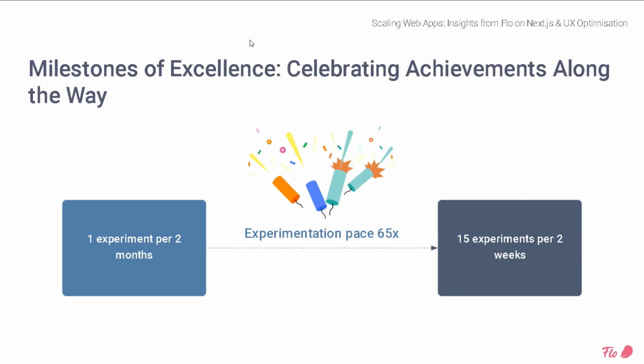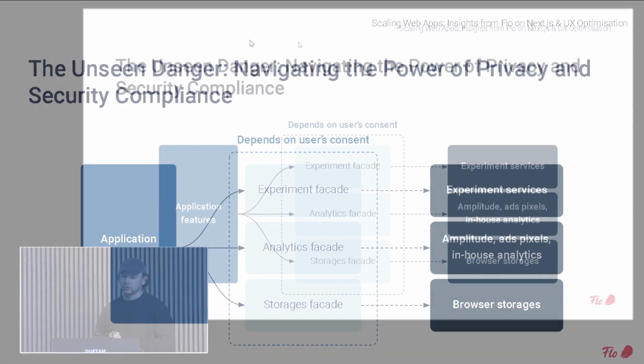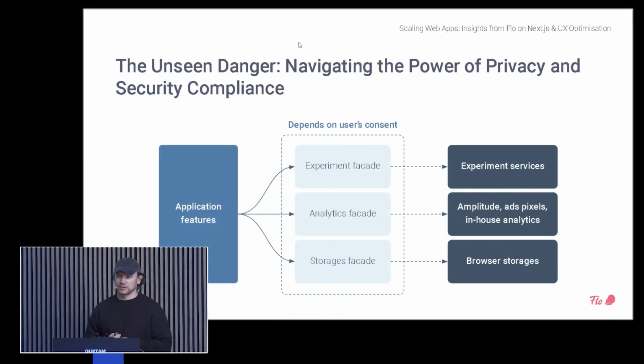And the last topic that I can't avoid is privacy and security compliance, because even a giant of the industry can have a big legal issue or even be closed in a few months if they don't align.